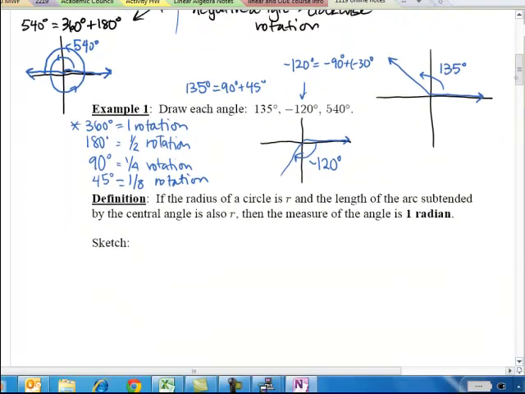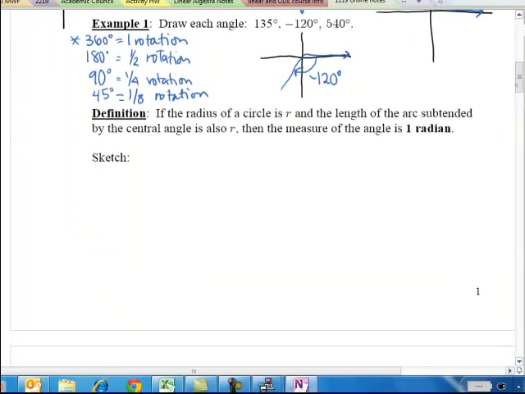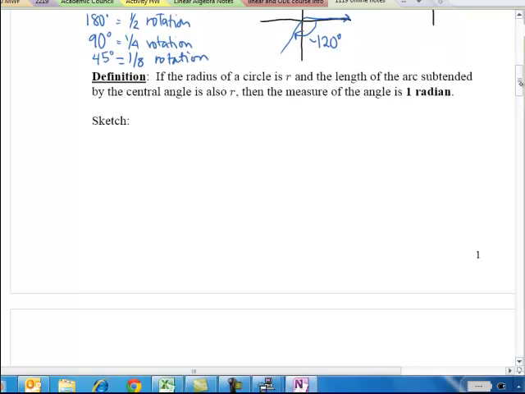Alright, and then what we're going to talk about is another angle measure called a radian. The definition of a radian is that if you have a circle that has radius r, so let's draw that circle, r can be an arbitrary radius.